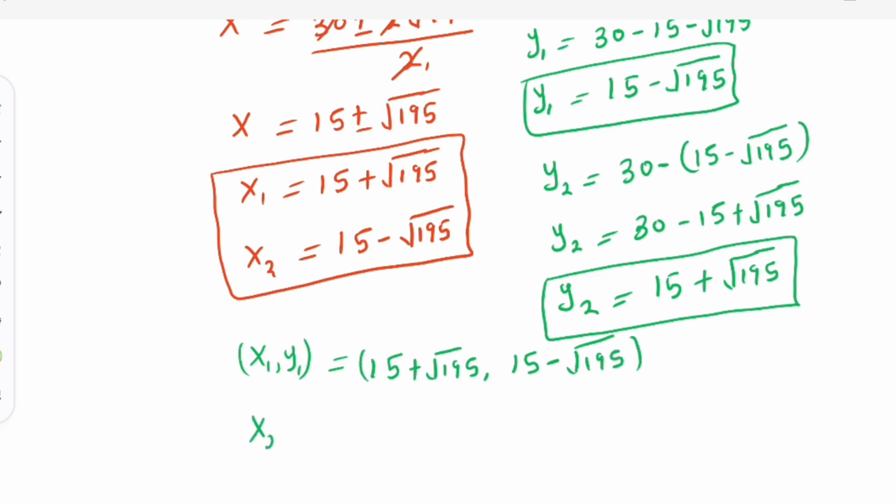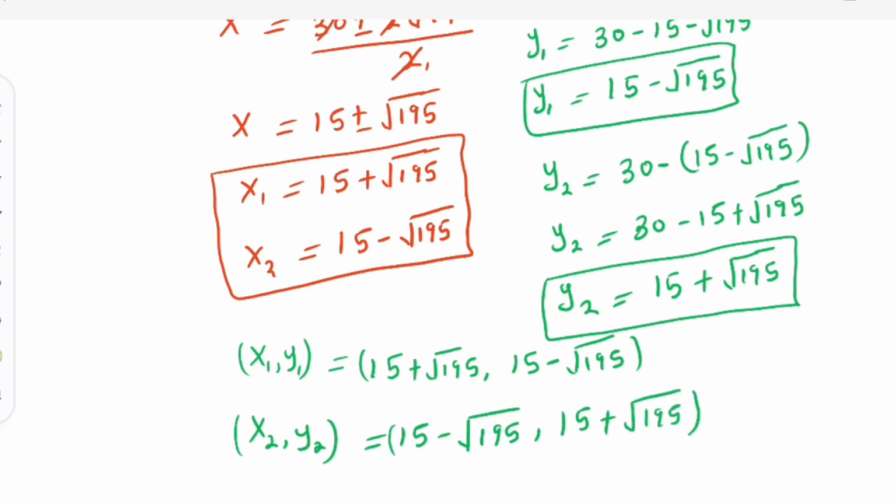Also, x2, y2 is equal to 15 minus square root of 195, 15 plus square root of 195. These are the final answers.